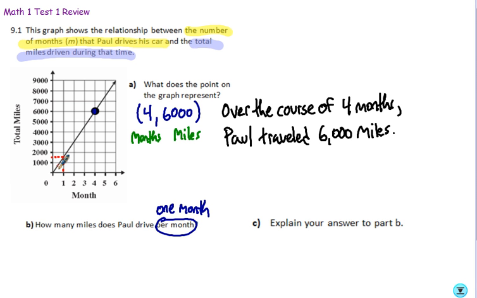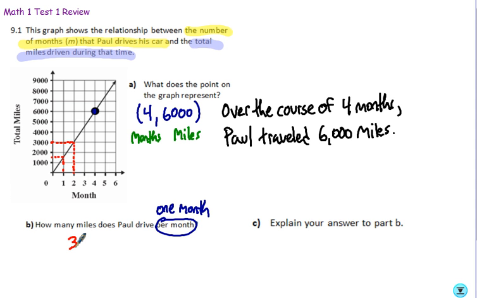So let's make sure. So we knew that it was 6,000 in 4 months, but let's go to another one that we do know, because you see at that point it doesn't clearly go. So let's try another one. So if we went up in 2 months, he does 3,000.